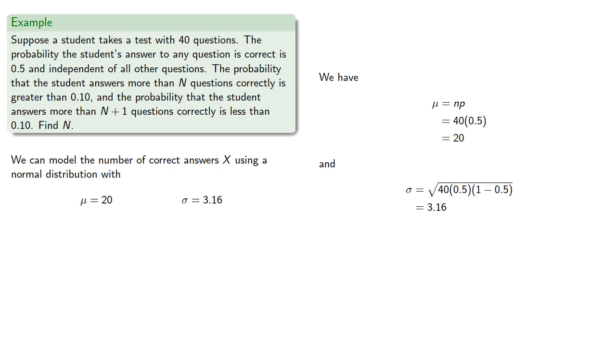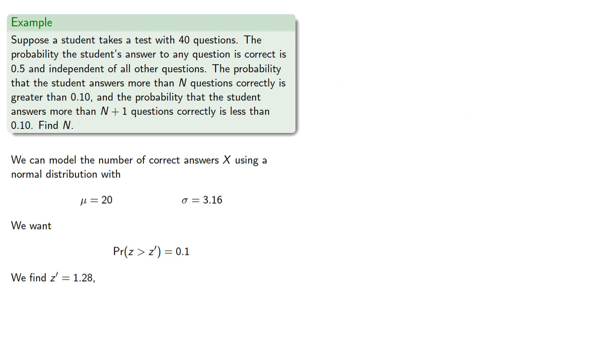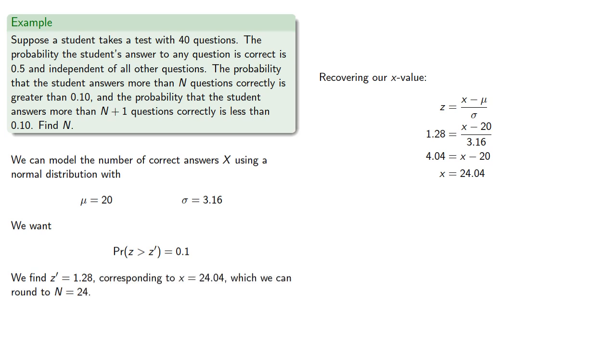So to begin with, we want the probability that z is greater than some value to be 0.1. And so we find our corresponding z value is 1.28. And recovering our x value gives us, and so we can round this to n equals 24.